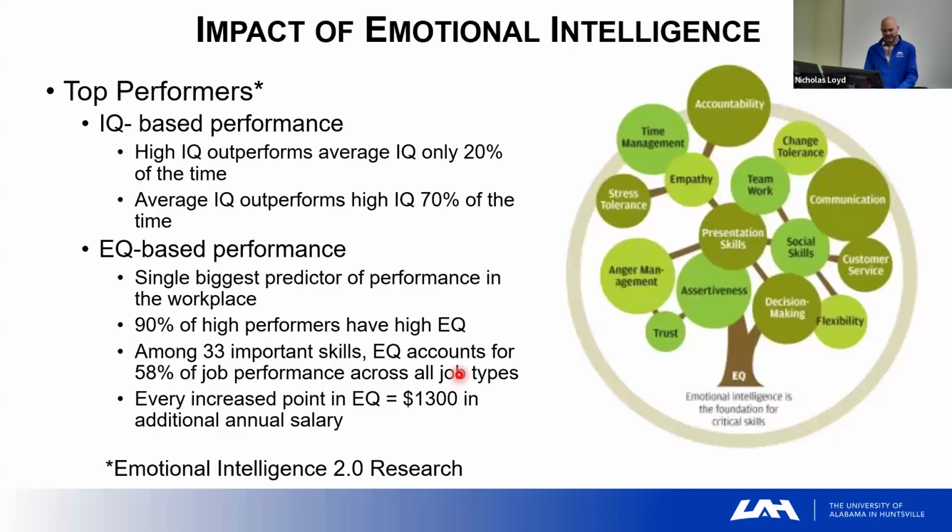It is the fundamental thing that all these other leadership traits can fall within. So that's what we want to dig deeper into for the rest of the semester: not just emotional intelligence in general, but how each of these leadership traits falls under emotional intelligence and makes us better strategic leaders.